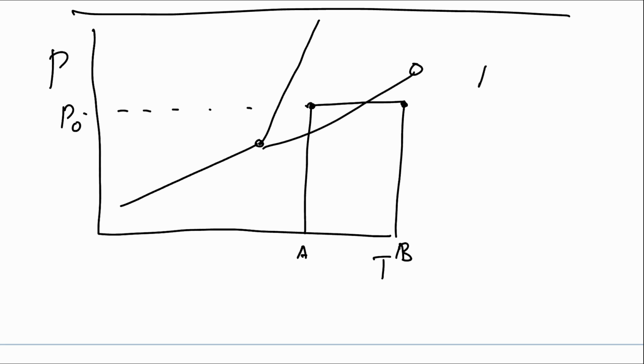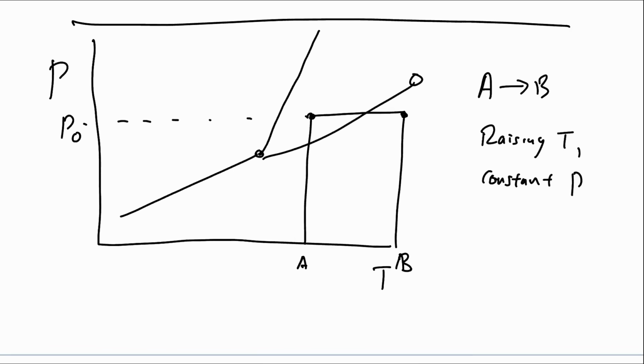I'm going from A to B, raising T at constant P. So here's a picture. Where did this picture come from? What do they call it? So what are these areas?